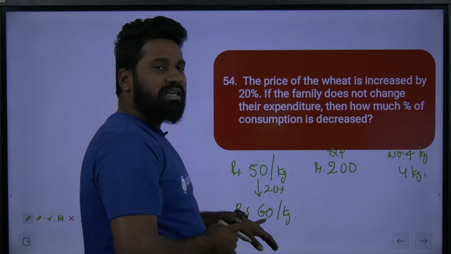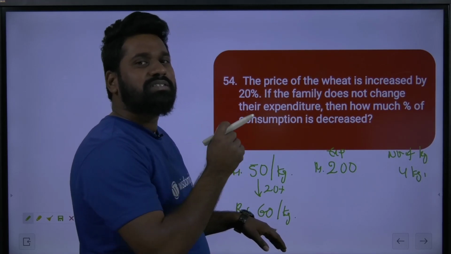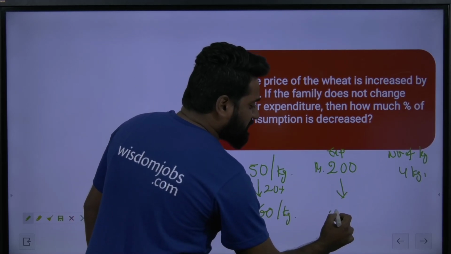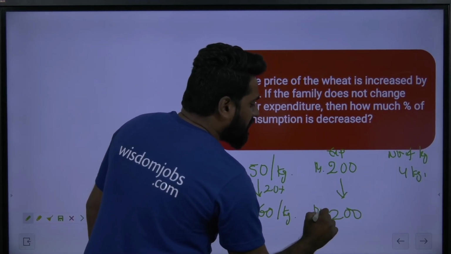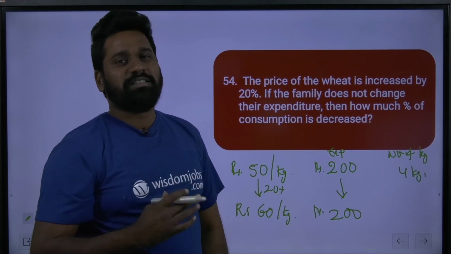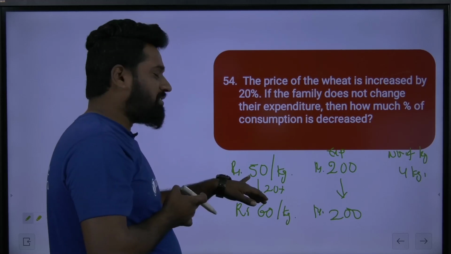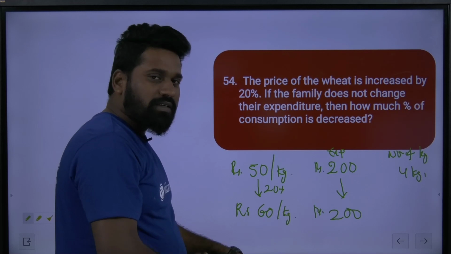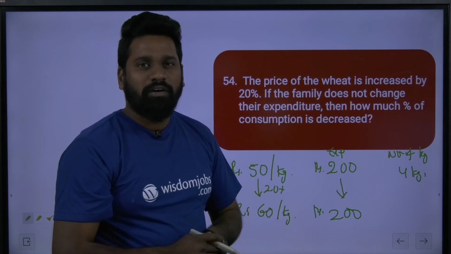In the next case, the price of the wheat becomes 60 rupees per kg. But the expenditure is still the same. Again they are using 200 rupees to purchase wheat. They are not increasing the expenditure. At your price of 50 rupees, the same 200 rupees they are spending. At 60 rupees, then also they are spending 200 rupees.